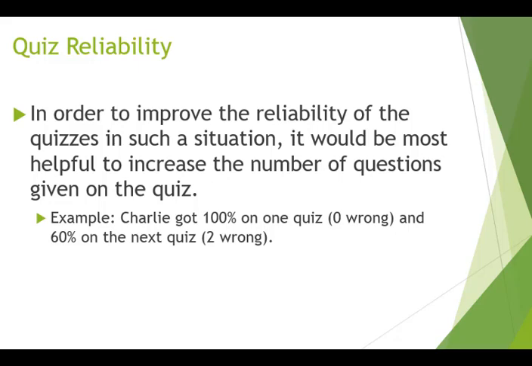Now, theoretically, if they're drawn randomly from the same question pool, then it could be just as valid, and scientifically speaking, it might be just as likely that you'll get the same grade on a 10-question test as on a 40-question or a 50-question test. But still, the sample size is so small that there's a higher risk that people are going to do badly because of bad luck, or do well because of good luck. That's why, of course, we try to give tests that are a little bit longer than that.